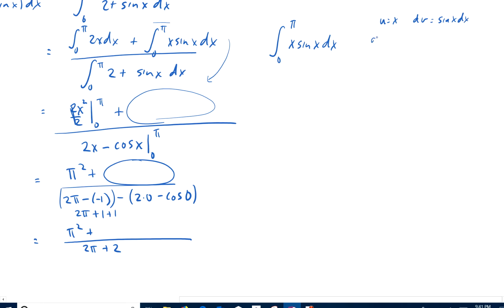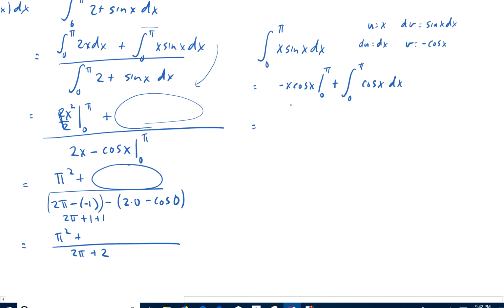So du equals dx, and v equals negative cosine of x. Alright, so then this becomes uv, negative x cosine of x from 0 to pi minus the integral from 0 to pi of v du, negative cosine of x dx.